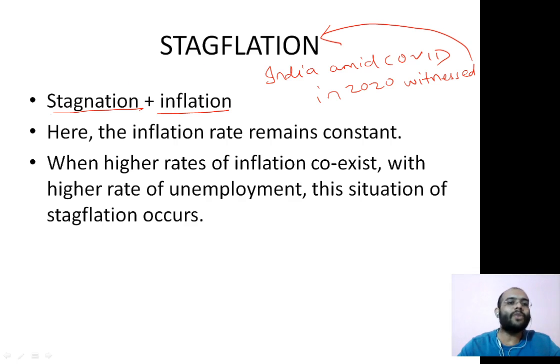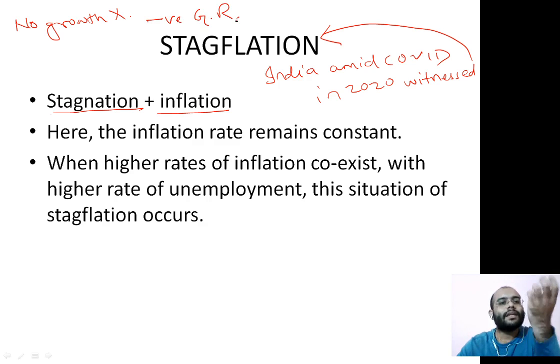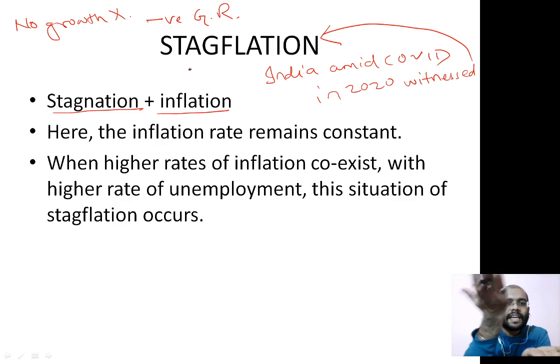That means no growth, stagnation of growth, growth stagnated or growth is going down. We are going for negative growth rate in 2020. Stagnation of growth rate and increase in prices, that means inflation occurs. That is the situation of stagflation.